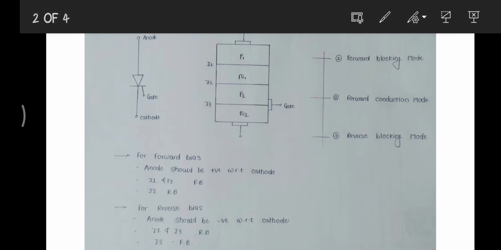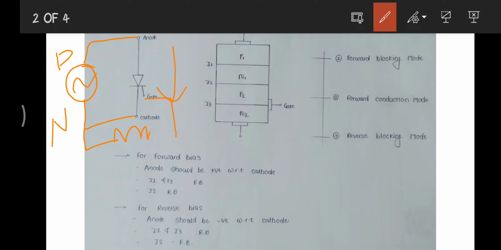As I said earlier, we connect one AC source here, with phase and neutral. At that instant no current flows through, so we connect a small voltage source at the gate terminal, taken from here, and connect a variable resistor. Then whenever we trigger the gate pulse, the current or supply flows from anode to cathode through the SCR.